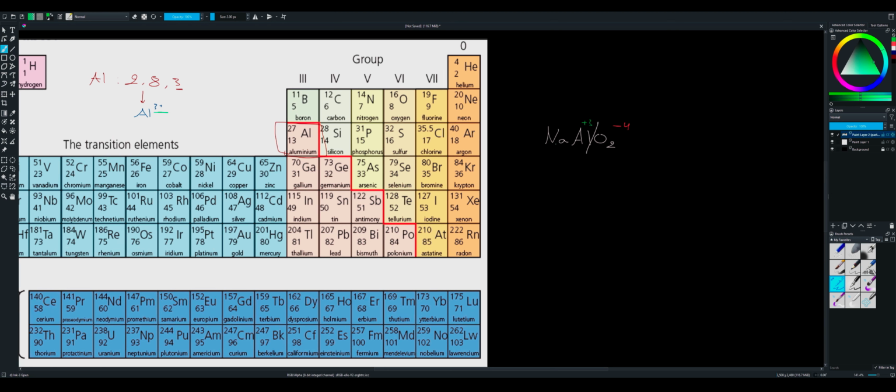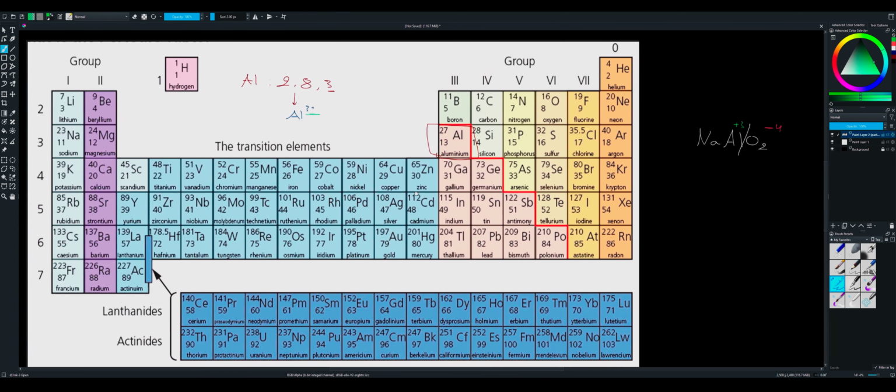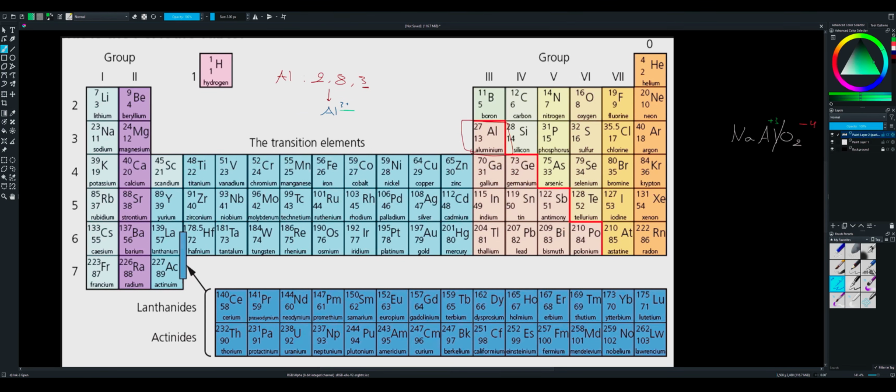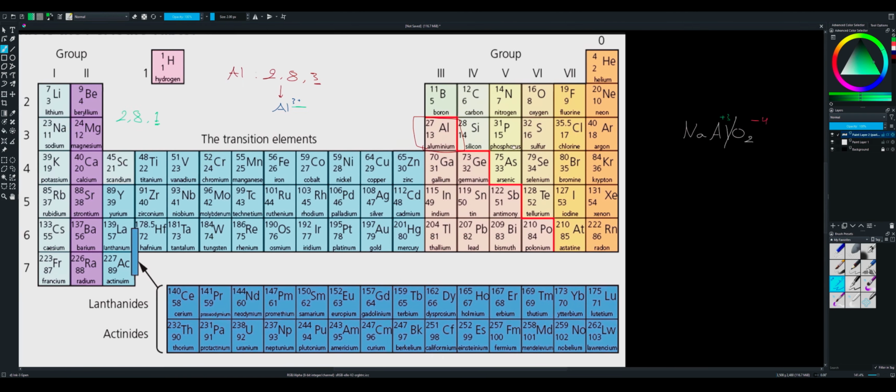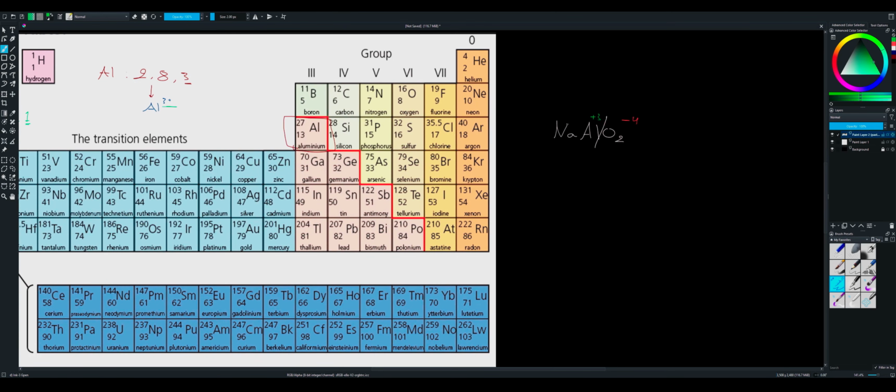And we also have the sodium. If we recall correctly, if we get back to the periodic table real quick, sodium was Na, atomic number 11. The electronic distribution for that was 2, 8, 1, so it's only contributing with one positive charge. So if we add together the positive charge, we will see that we have 4 positive charge and we have 4 negative charge.